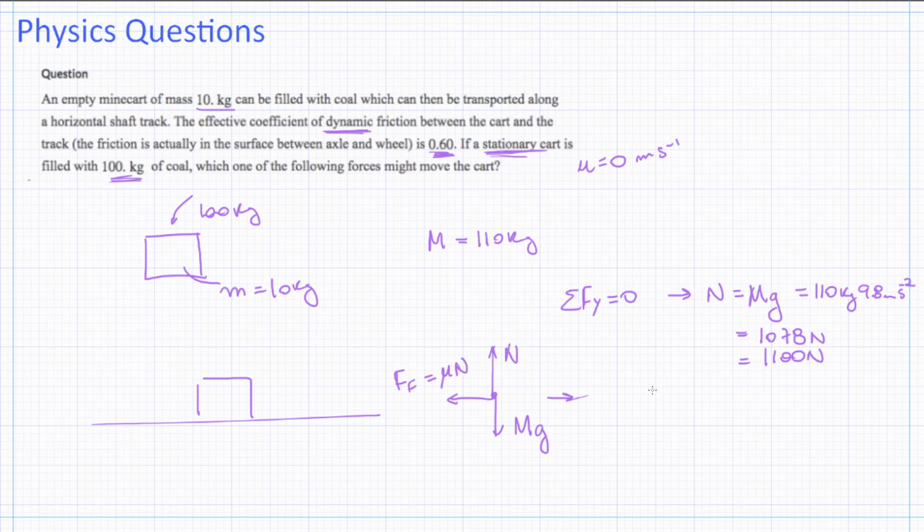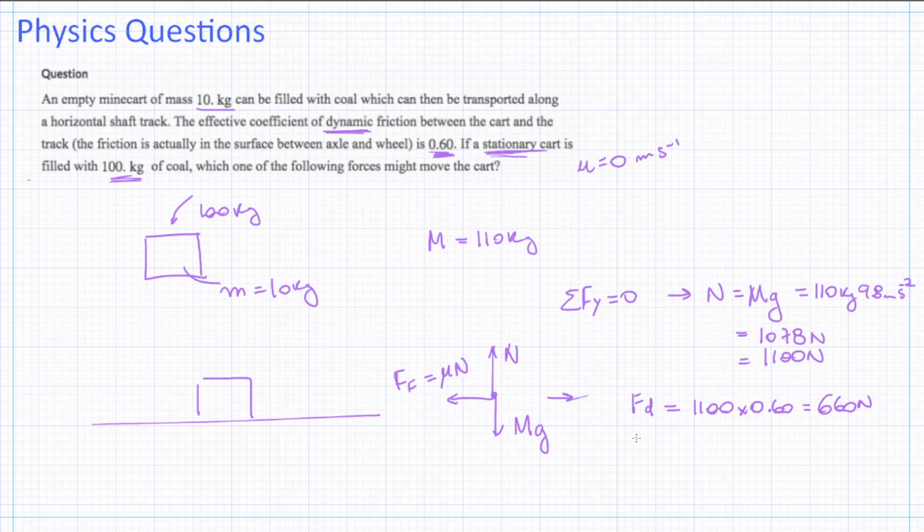Now, if this cart was moving, we would calculate our dynamic friction to be this force, which is the normal force, multiplied by our coefficient of dynamic friction. And this would give us 660 newtons.